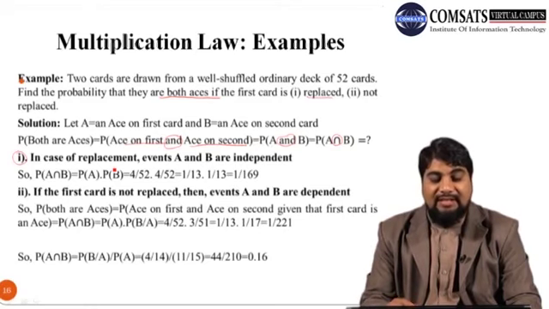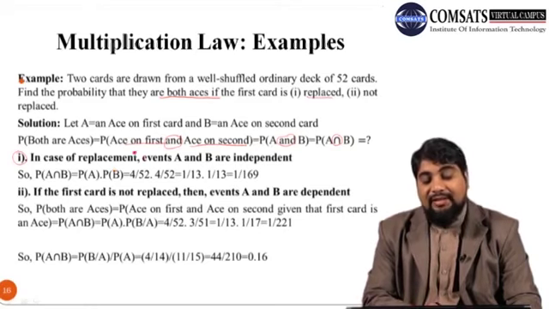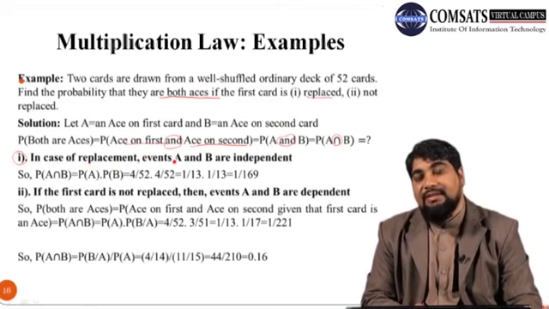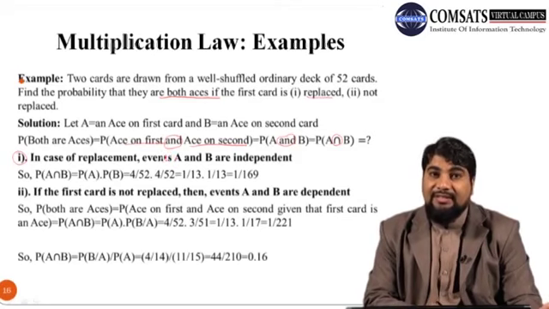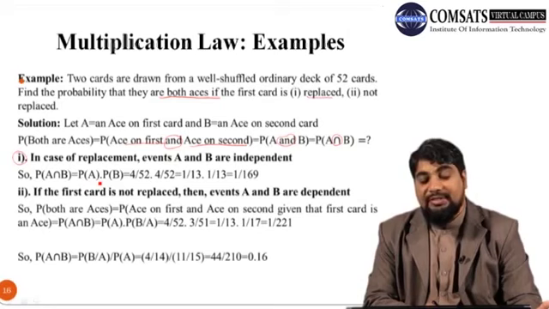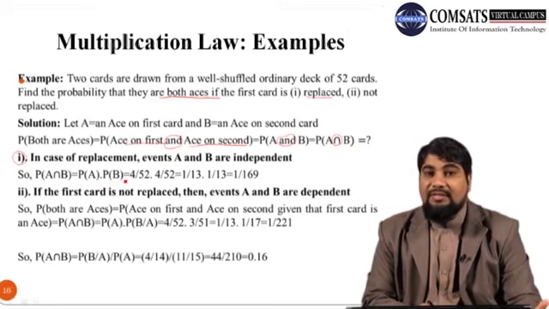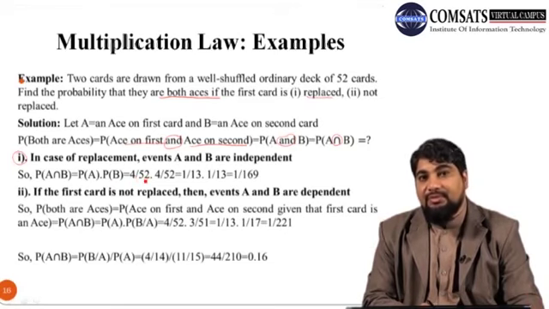But since we are considering the case when the card is replaced, we can say that both events are independent. So A intersection B is the product of the individual probabilities, the probability of A times the probability of B. Since there are 4 aces, the probability of A is 4 out of 52, and similarly the probability of B is 4 out of 52.